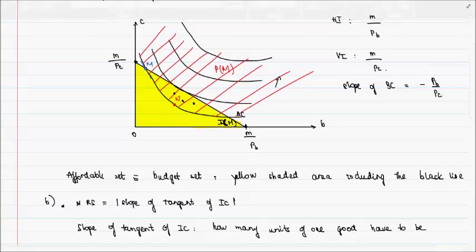Okay, so it's going to be a straight line that is going through point N and is going to be parallel to the black line, indicating that we are using the same prices for cheese and bread. Okay, however, it's just the lower cost that is corresponding to the point N over here. So you might get something like this.